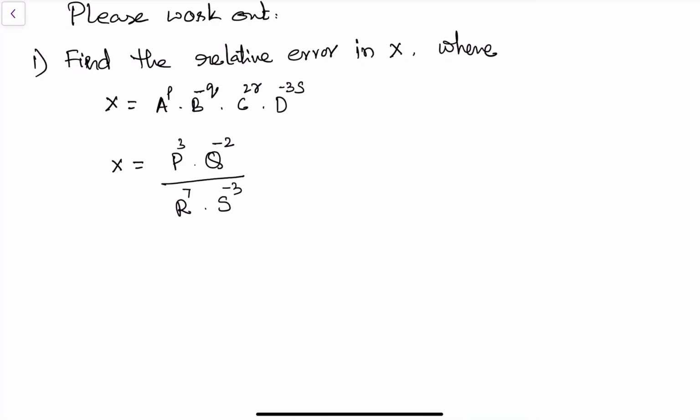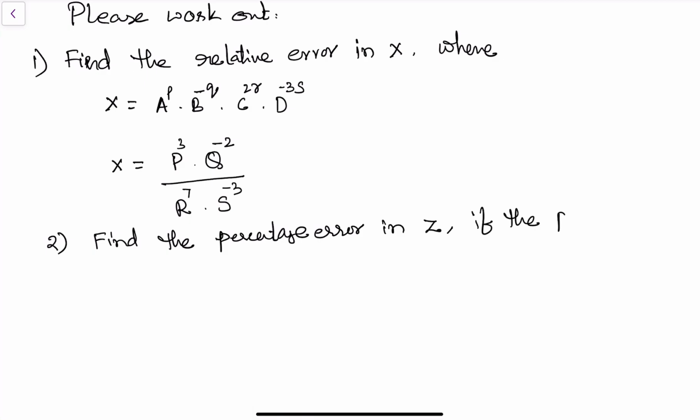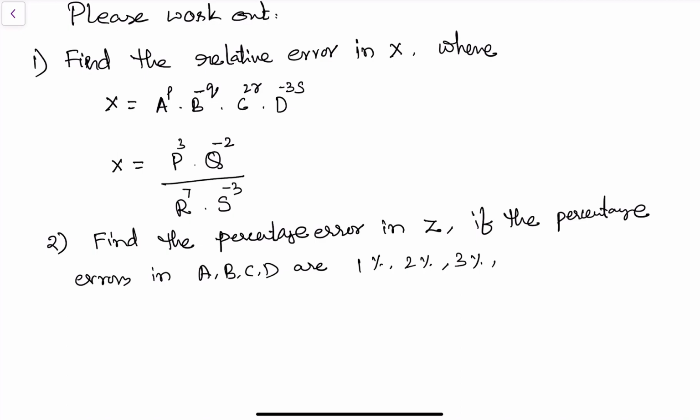Find the percentage error in Z if the percentage errors in A, B, C and D are 1%, 2%, 3%, 4%.